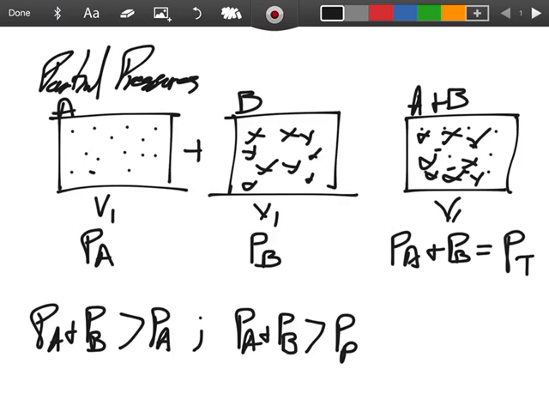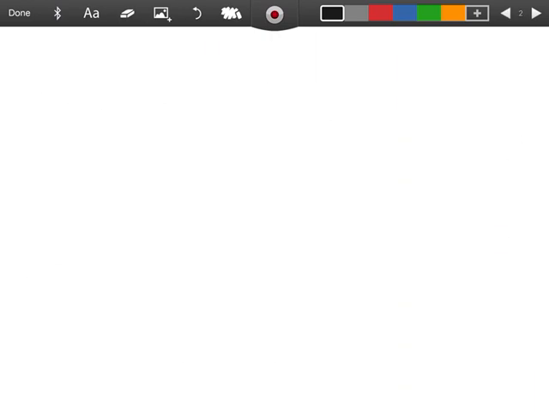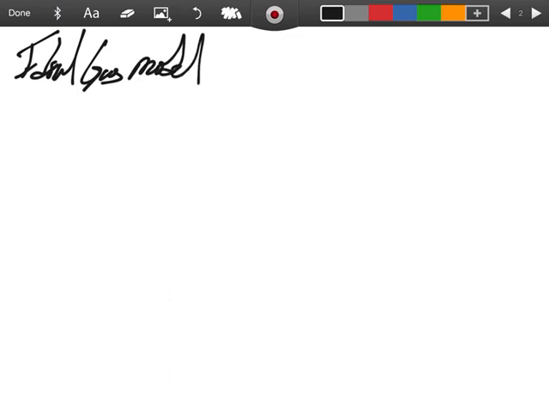Okay, so pretty simple. Let's move on. These pressures are modeled by gases. So what if I bring here the ideal gas model and I model the pressure of A?